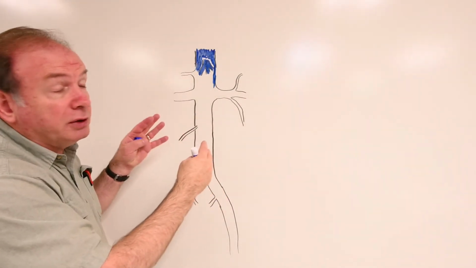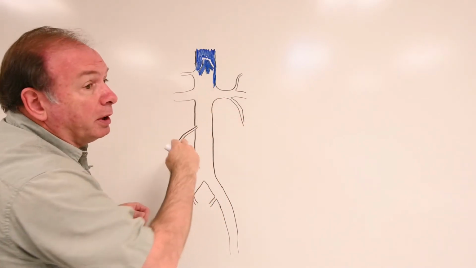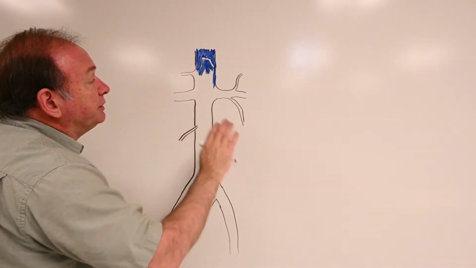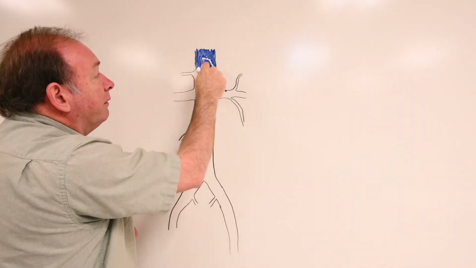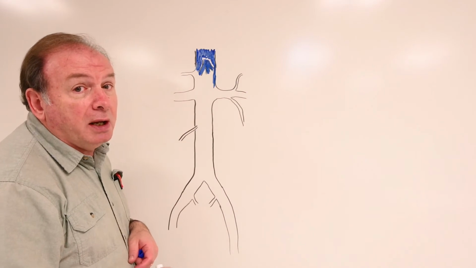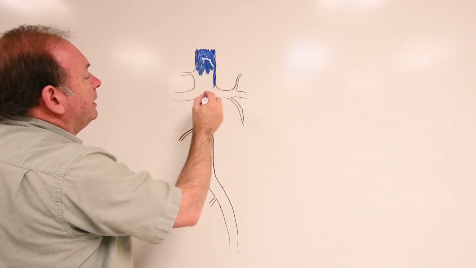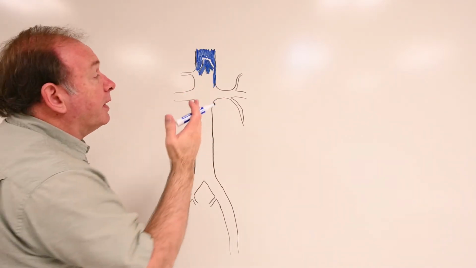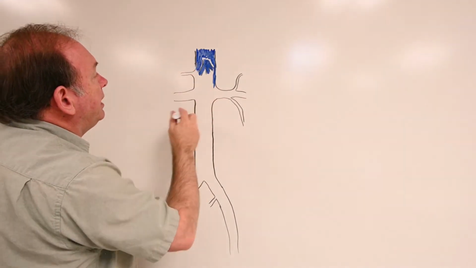About all of those organs will drain their blood into the hepatic portal system. The hepatic portal system drains into the liver, and then from the liver, all of that blood is returned to the inferior vena cava by way of the hepatic veins. So we don't have any other vessels coming from the organs going into the inferior vena cava, just the hepatic veins.